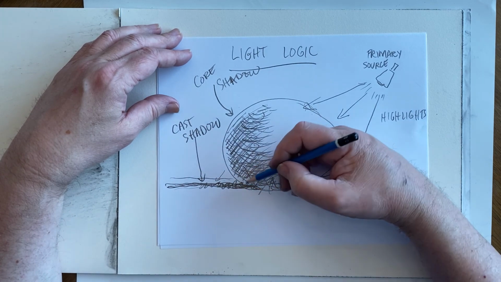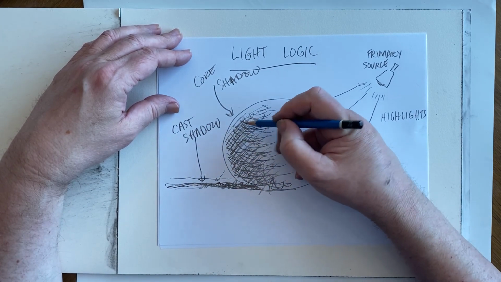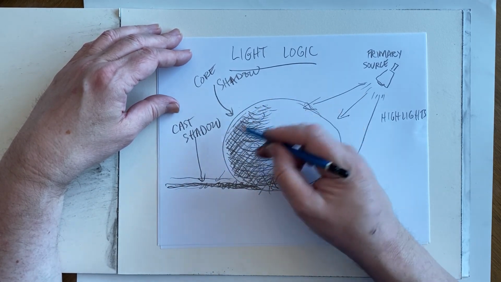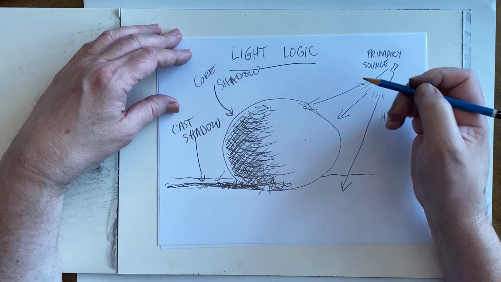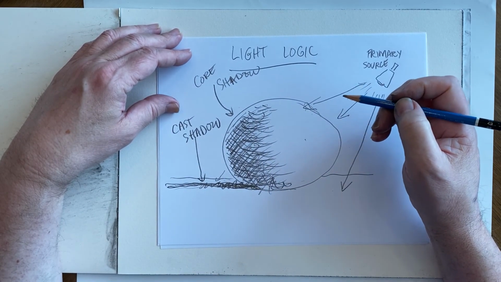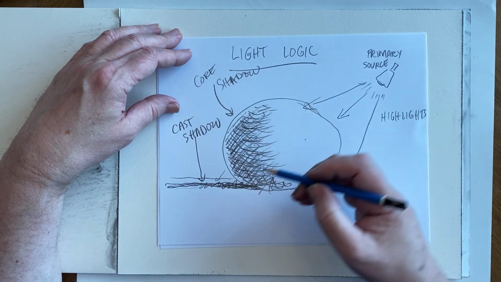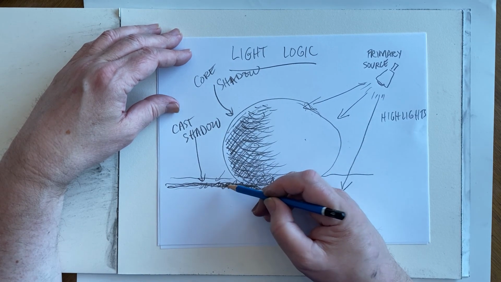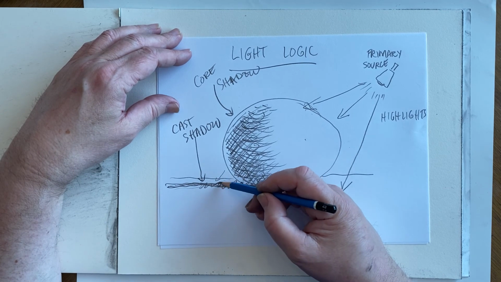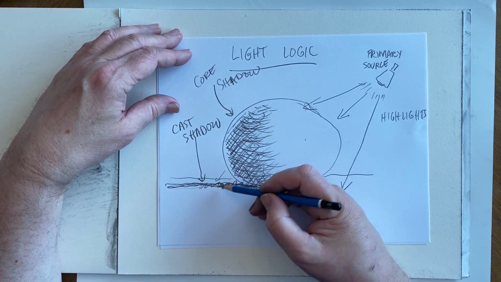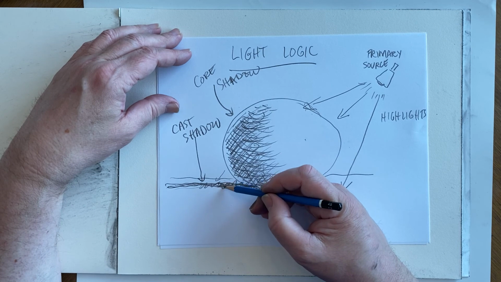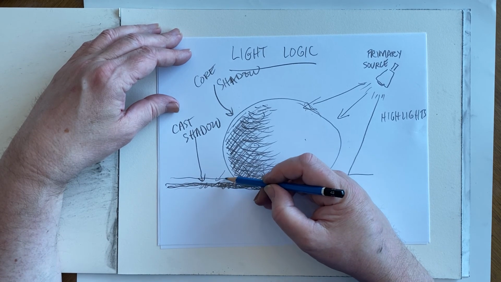cast shadow. It's very important to realize that shadow shapes are shapes just the same as the physical forms are shapes, just the same as the negative shapes are shapes. So you can take a cast shadow and you can think, how tall is it compared to how wide? How tall is it compared to the next shape over?